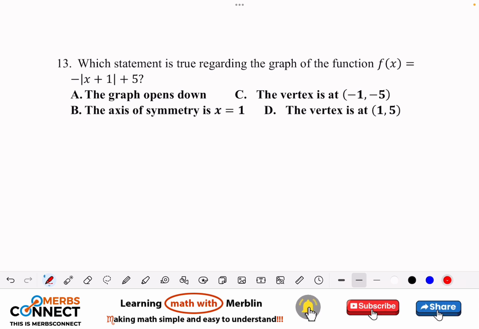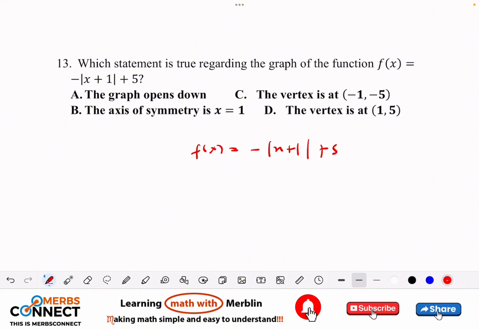Which of the following is true regarding the graph of the function f(x) is equal to this? So the graph opens downward. The best way to do this is we need to do the graph, right? When you do the graph, it actually helps you to check it. So f(x) is equal to minus |x + 1| plus 5.